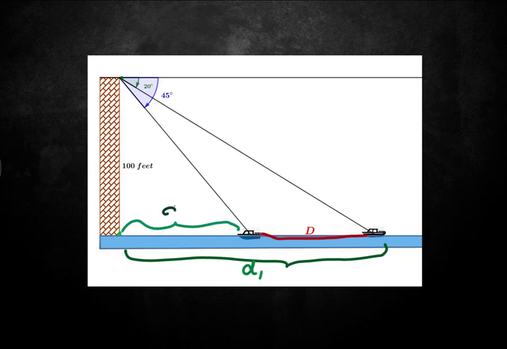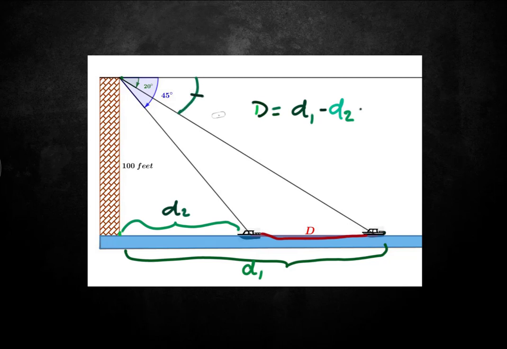From the second position to the bottom of the building, we call it D2. So the distance traveled D is equal to D1 minus D2. We are going to reduce this and do the calculations to find out what D is.